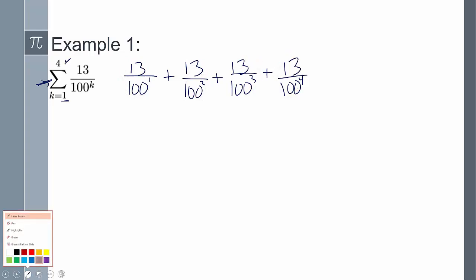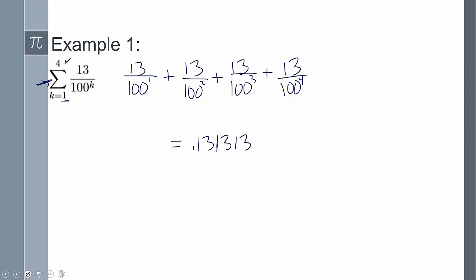You're going to take those and add them together. By adding those all together, you're going to get 0.131313, and it's going to keep on going. Technically, I could have just done 0.13 there, but it's 0.13131313131313, etc.